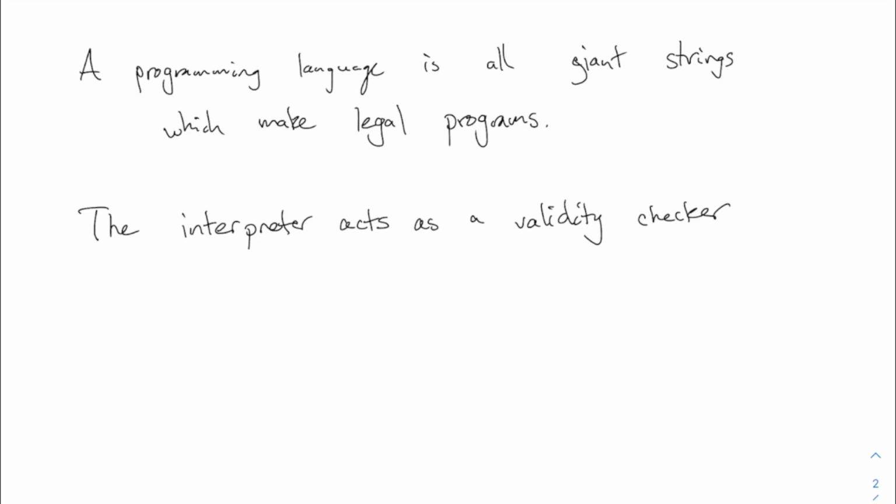And this is actually the first kind of machine that we're going to be talking about. As we go through the course, we're going to talk about different types of computing machines in sort of increasing complexity. The very first type of machine that we're going to talk about is just one which looks at a string and tells you whether or not that string is legal according to some rule, depending on what language you want to talk about.